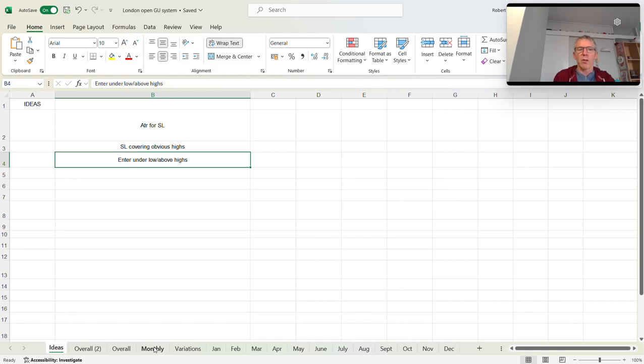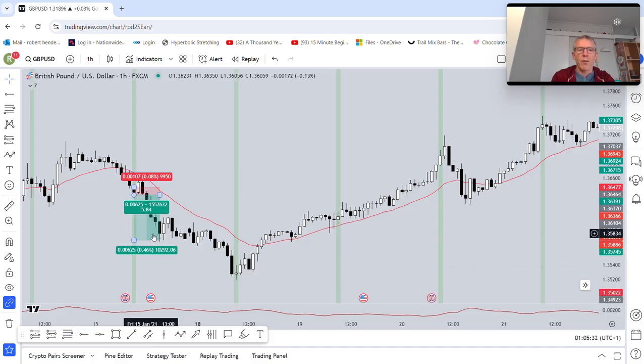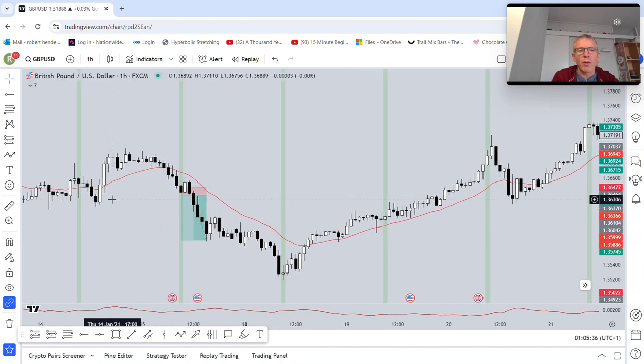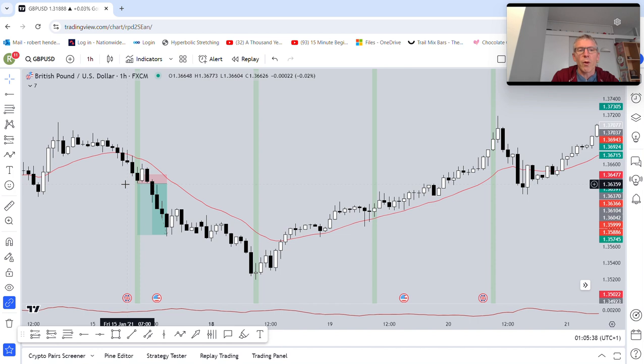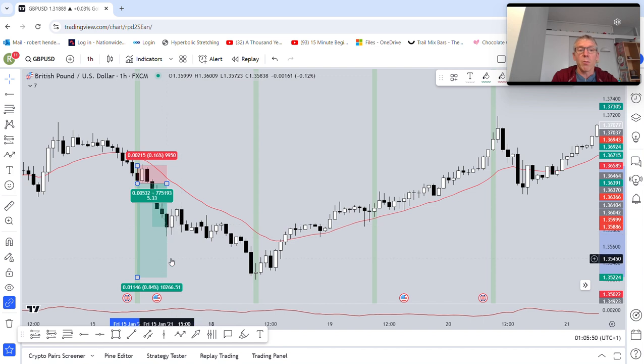and see if that works better and find what works better for you. For example, if here you decided to move your entry so it was underneath, but you also moved your stop loss to being, say, above the high, you're still going to get a 5R, but it would take a lot longer. It takes the whole day.